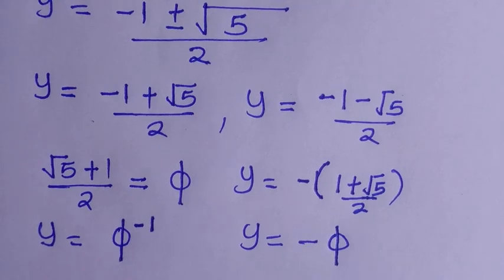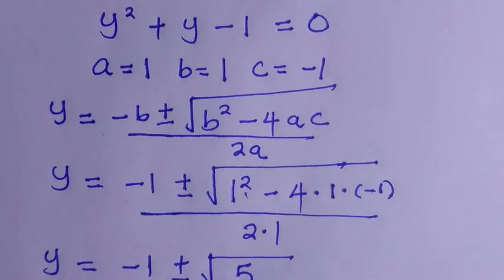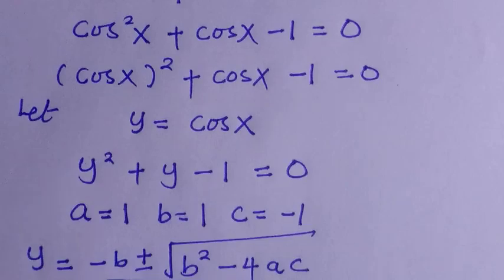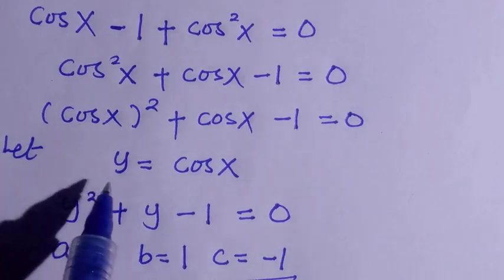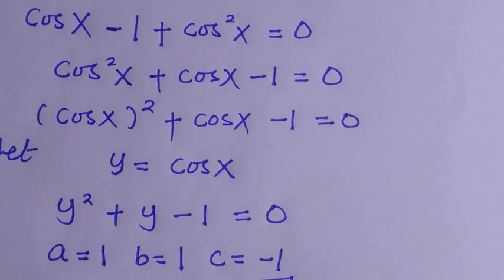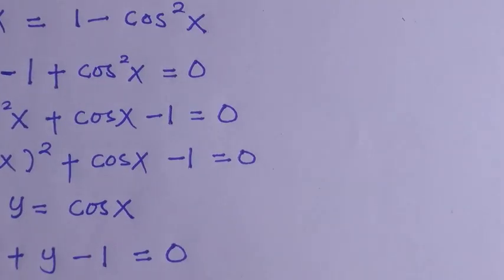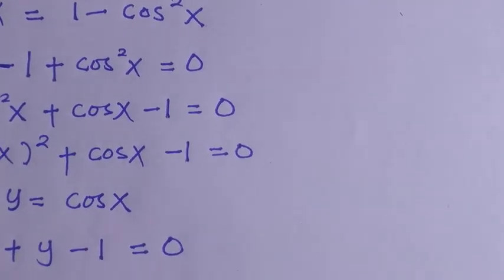So after this, we get the value of y when we substitute these two values where we let y equals cos x. So we try to substitute when y equals 5 raised to the power of minus 1.